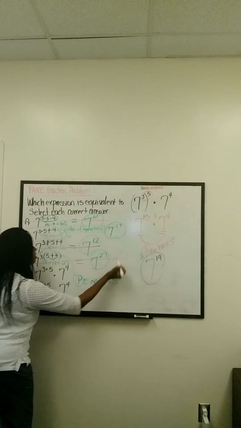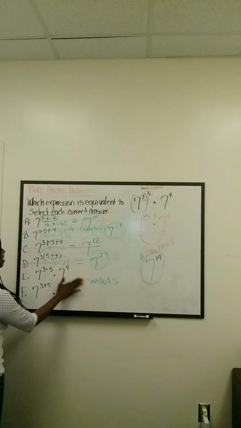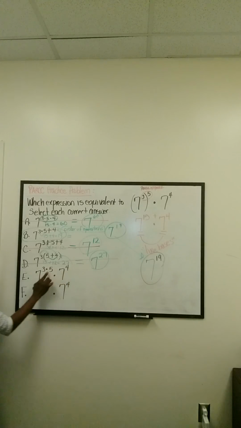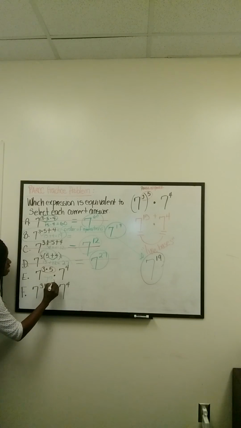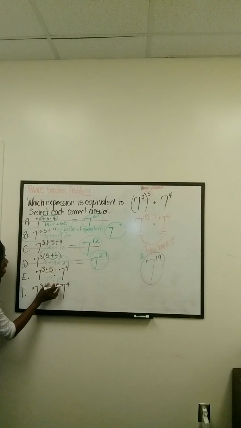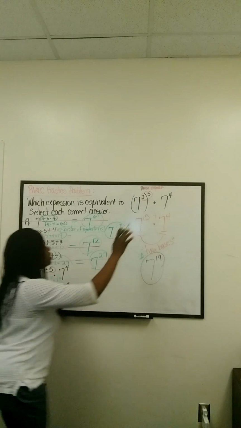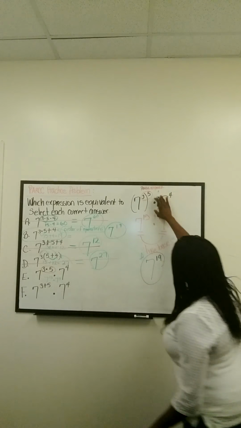Well, let's take a look at the next one. We have 7 being raised to the 3 times 5, times 7 to the 4. Well, here we have 3 times 5, which is 15. So we have 7 to the 15th times 7 to the 4th, which actually takes us right back to the original expression from earlier, when we had a power raised to another power.